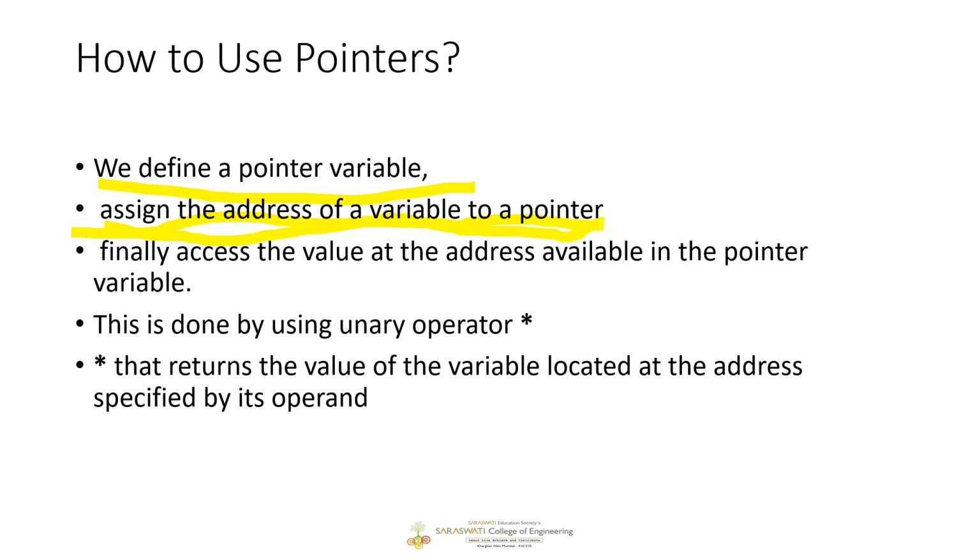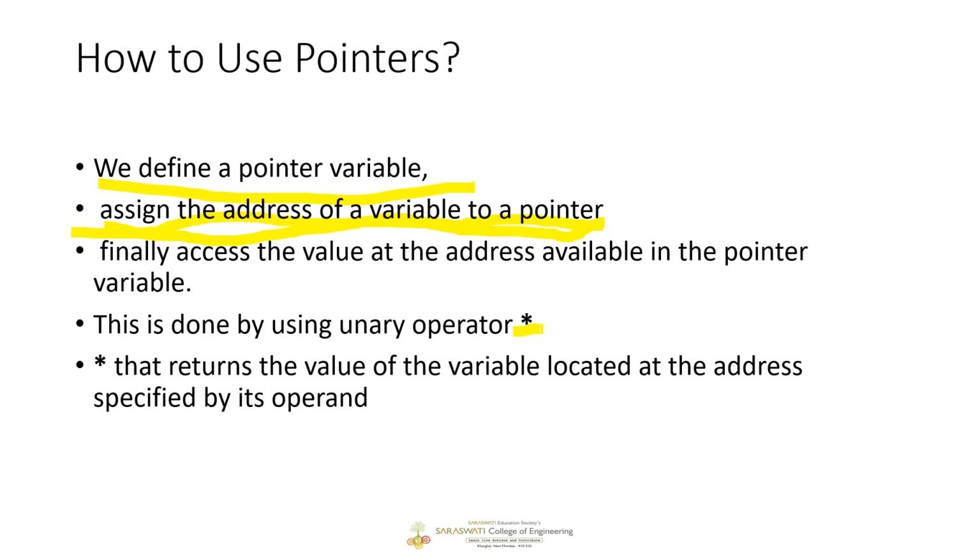Now you have stored some address in the pointer. What do you want to do now? Now you want to access the value at that pointer, and to access the value at that pointer we use star. We will see this in detail in later slides when I cover more programs. Then you will be clear about what a star operator is.